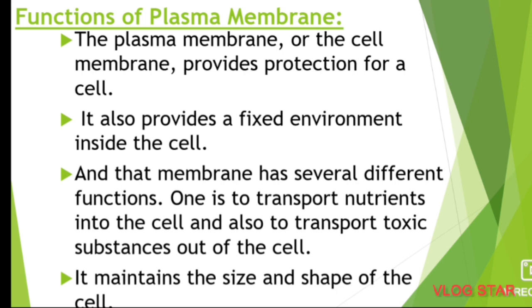One is to transport nutrients into the cell and also transport toxic substances out of the cell. So it transports essential nutrients to the cell, and it also removes the toxic substances from the cell. The plasma membrane also maintains the size and shape of the cell.